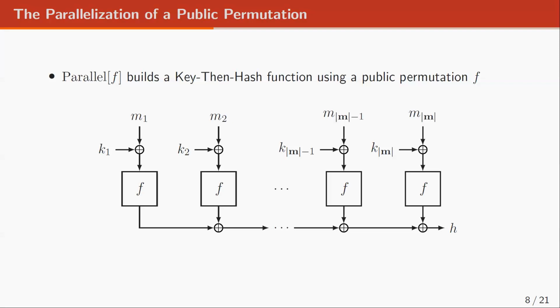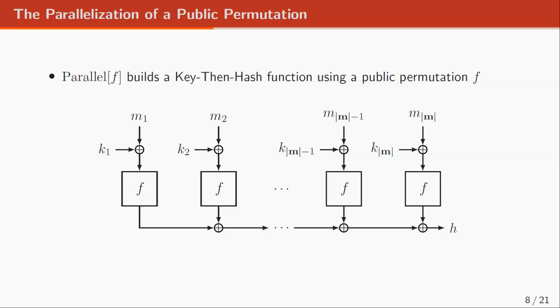And the construction I'm going to talk about in this talk is the parallel construction. We take this small f and we parallelize it so that we can achieve a parallel keyed sum hash function.